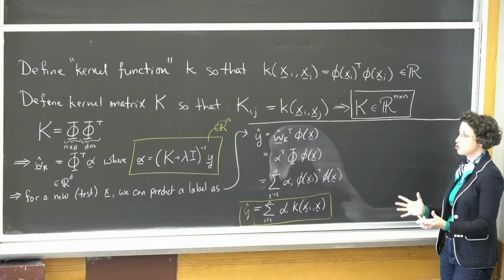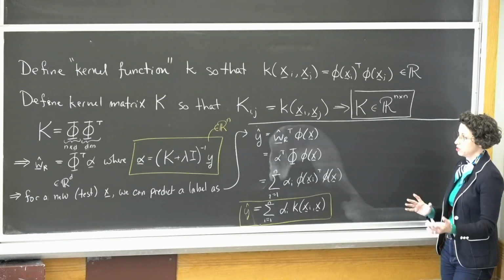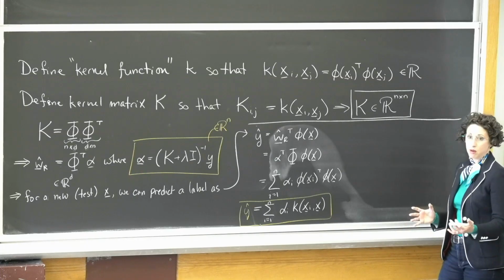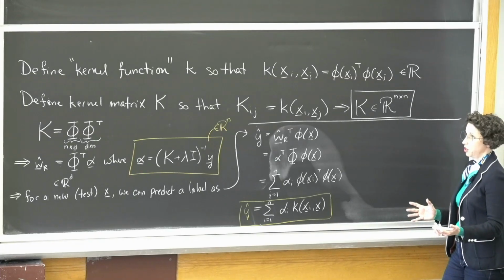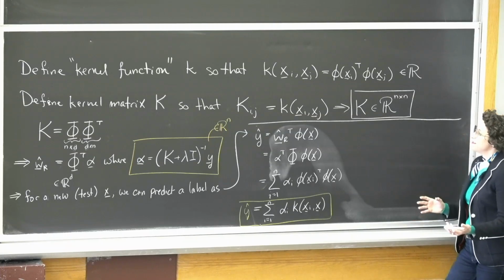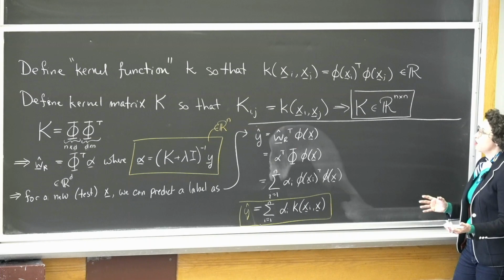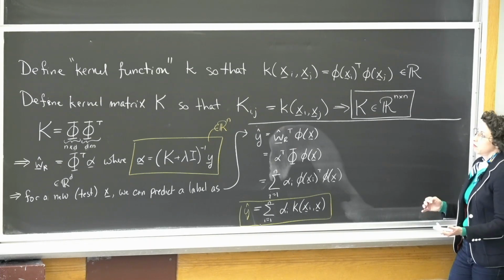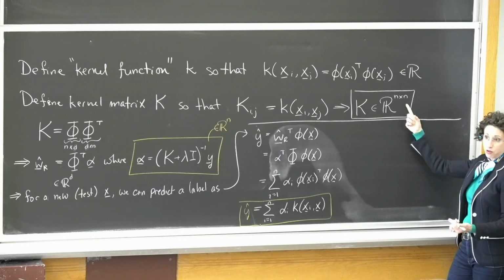There are some key trade-offs if we think about kernel methods versus neural networks. With neural networks, we're going to talk about how we train those, I think, next week, depending on how slowly I move. We just process one training sample at a time, whereas here we have to look at every pair of training samples.